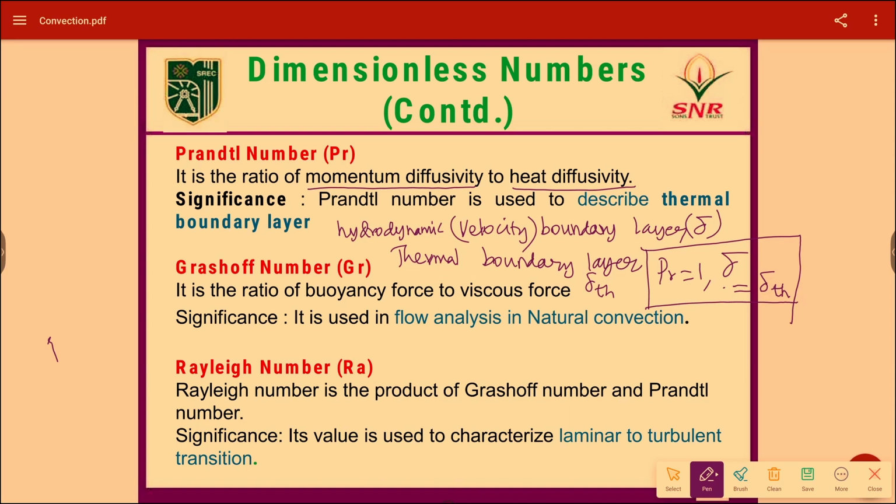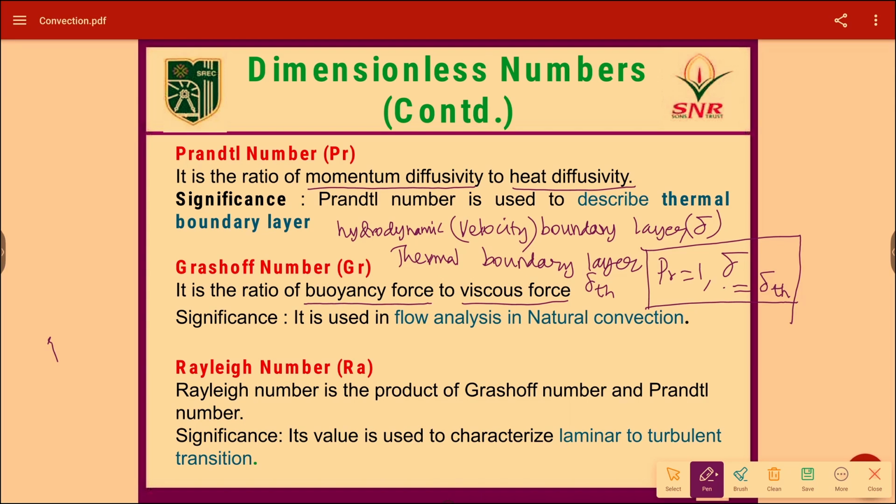The next number we are going to discuss is the Grashof number. This Grashof number has the same role as that of the Reynolds number in the case of forced convection. It is the ratio of buoyancy force to viscous force. This Grashof number is used to analyze whether the flow is laminar or turbulent in natural convection.